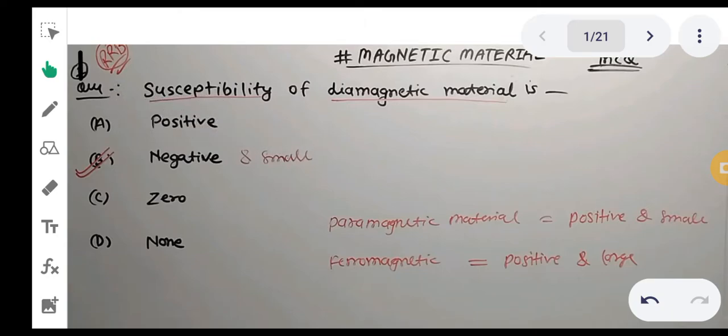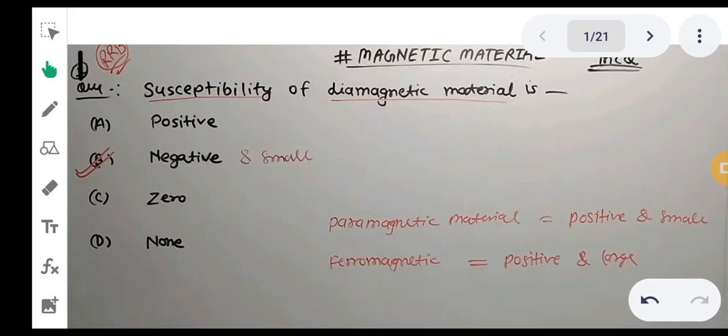Question one: the susceptibility of diamagnetic material is A positive, B negative, C 0, D none. So the answer is negative. Always the diamagnetic material has a negative value and it is small. And here are the clues.